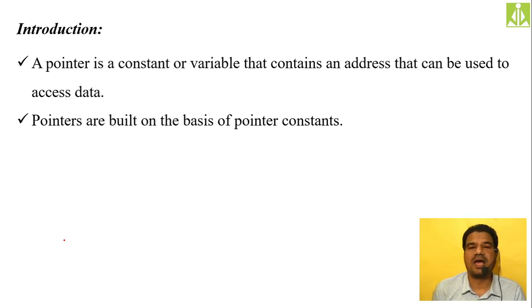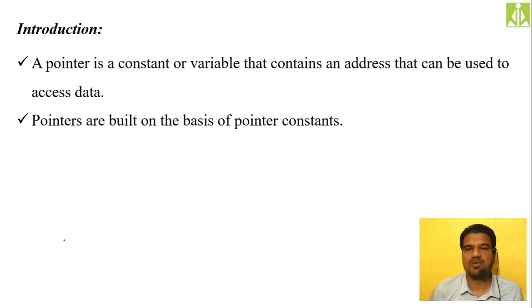So it is something like you consider all the memory locations as houses in a particular city. Understood? So we are considering the memory locations inside a computer as the houses in a particular city. These houses are going to have their own house numbers, and those house numbers are nothing but the addresses.